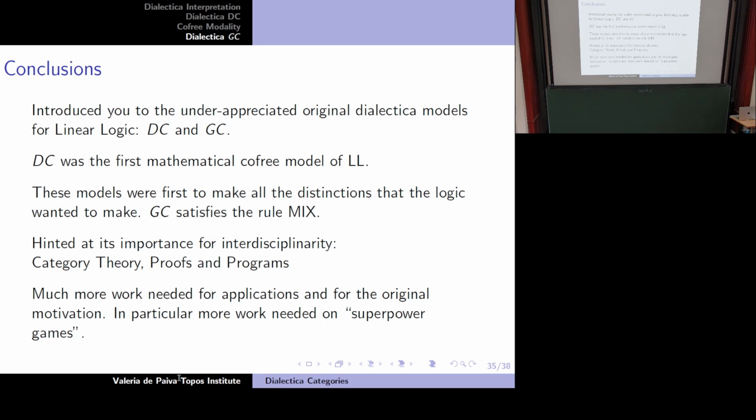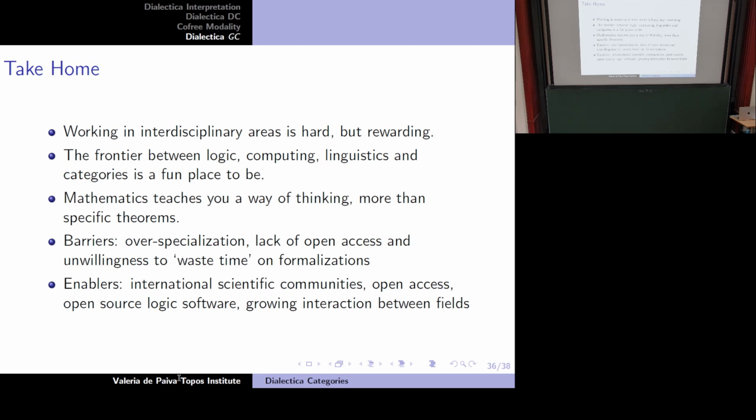And I very much tried to hint at the importance of interdisciplinarity. We want to do category theory, we want to do proofs, and we want to do programs all at the same time. But much more work is needed for applications, and in particular, there are some applications using games that I haven't even started talking about. And that's kind of it, really.